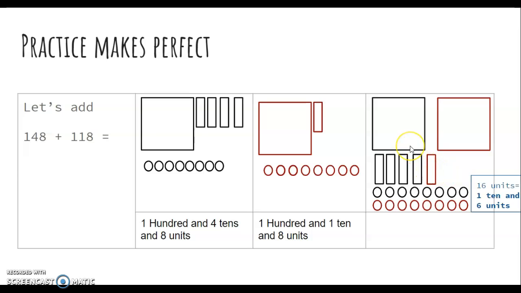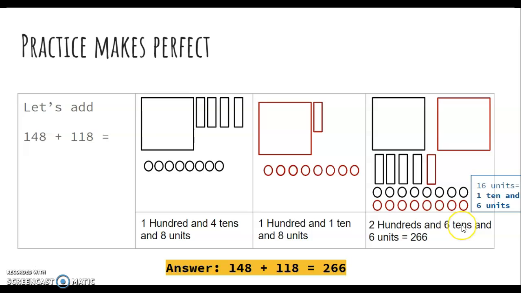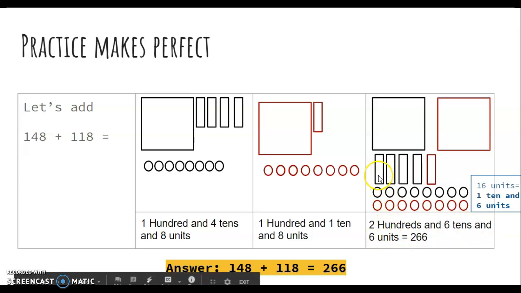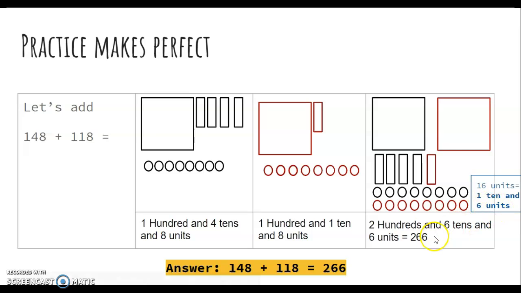So we really have 200s and 6 tens and 6 units. Okay, so 200, 1, 2, 3, 4, 5 tens, plus one more is 6 tens and 6 units left over.